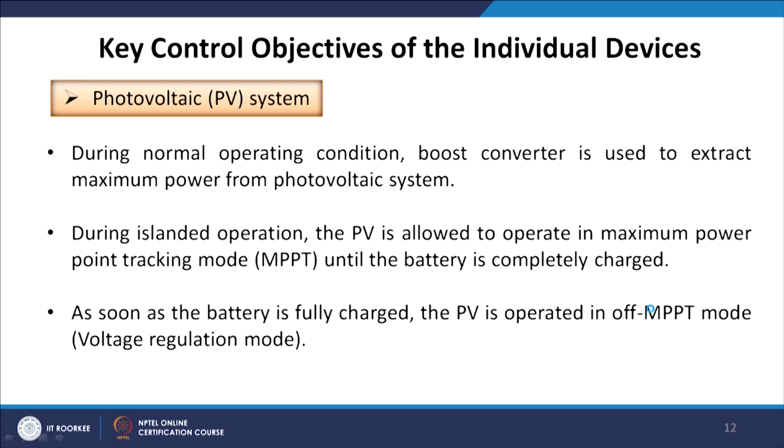As soon as the battery is fully charged, the PV is operated off MPPT, because you cannot extract maximum power at that point, as the battery is not going to take anything, it has been fully charged. So, we have to operate the PV in voltage regulation mode, where it will reduce its generation.